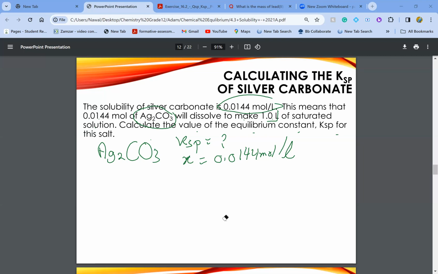You just want us to do the equilibrium constant for this? Yeah, he didn't ask me anything. Did he ask me anything? So first, we'll write silver carbonate, the equation. So that would be 2 Ag, and then Ag has a charge of plus.